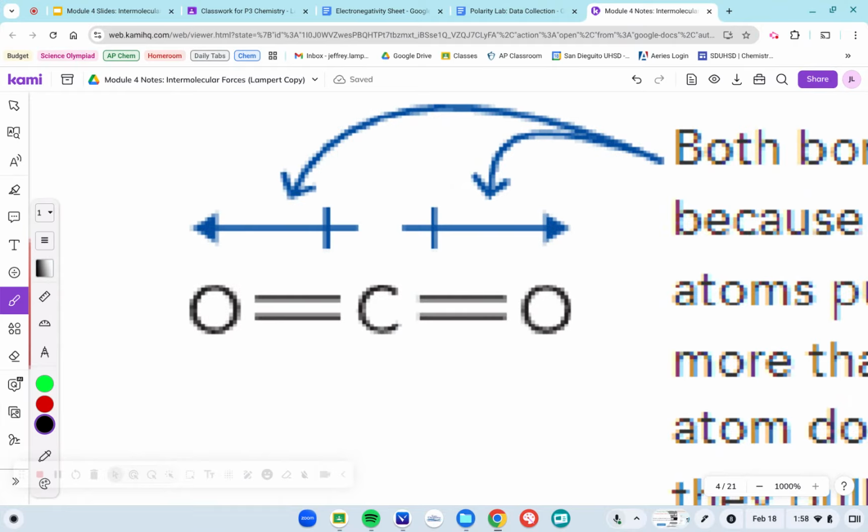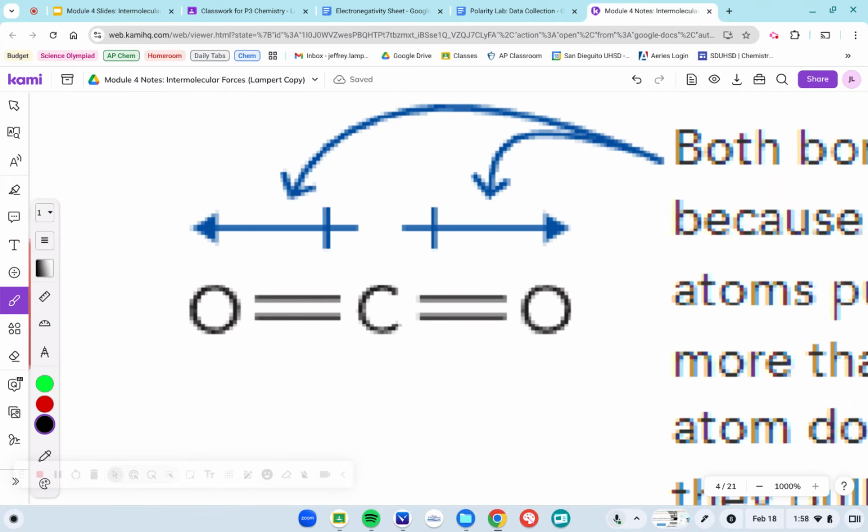Have I moved from where I started? No, I'm in exactly the same spot because I moved one step left, one step right. So because the electrons are moving evenly, this would then be a nonpolar molecule, right? So it's a nonpolar molecule that has polar bonds. Does that make sense so far?